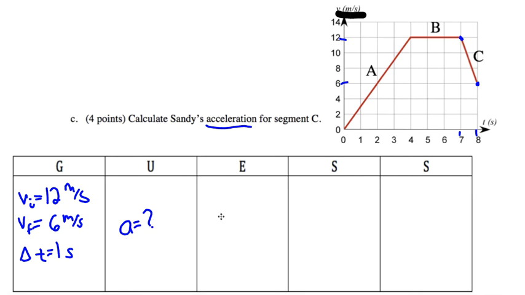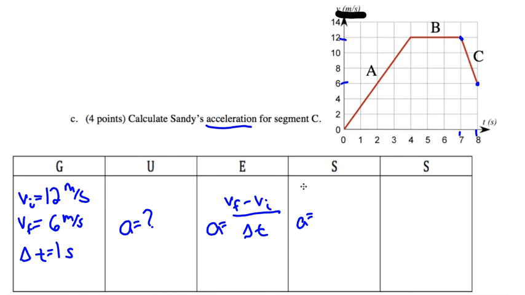Luckily, we have an equation for that. The one that will probably be most useful for you on the board is the one that includes the VF and the VI. This change in velocity is just VF minus VI. So we can use this equation. We know what all three of those are. So substitute those in.